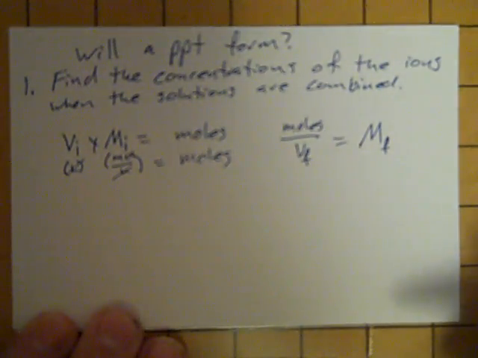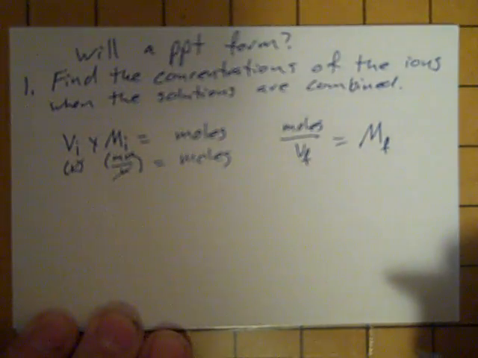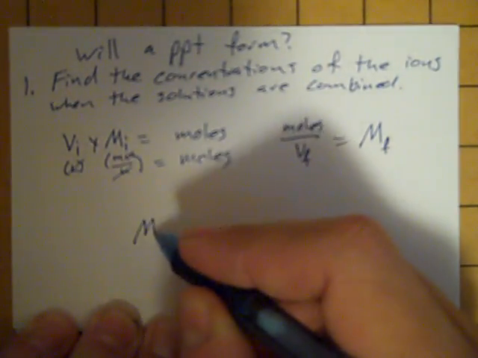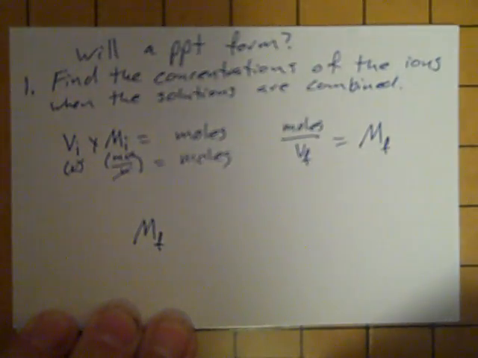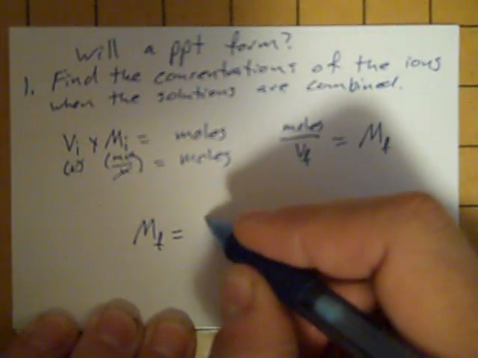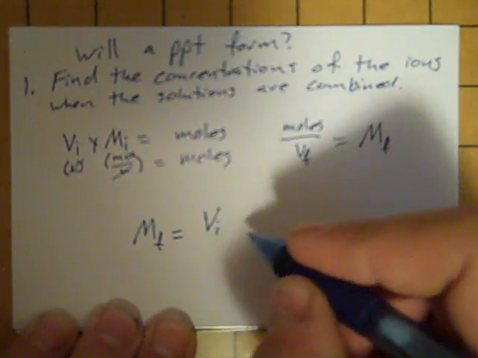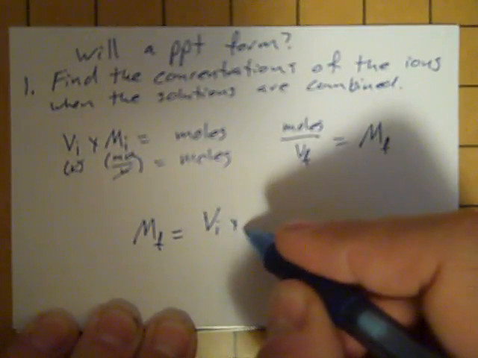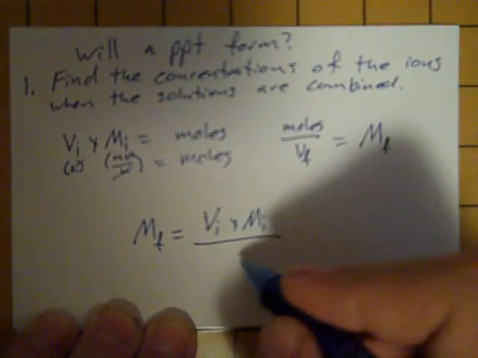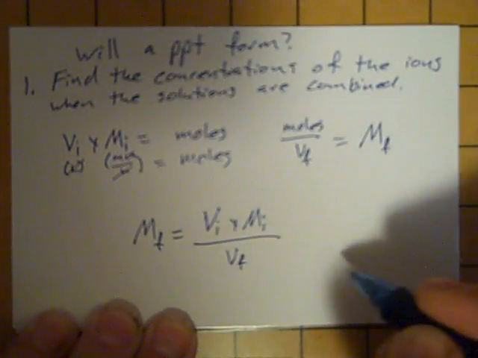I want to tell you now, I've seen several people have already figured it out, that all this can be combined. That our final concentration is going to be equal to our initial volume times our initial concentration divided by our final volume.